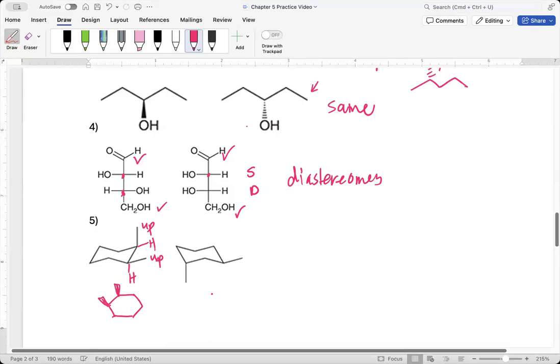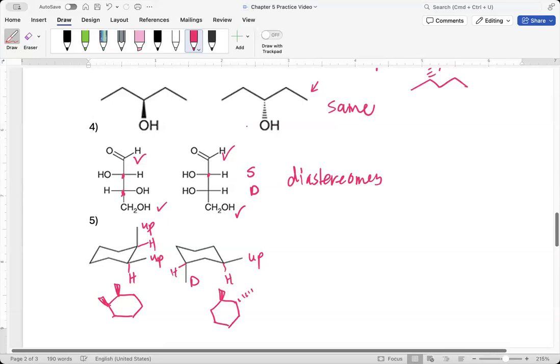And then I need to look at the second structure. This methyl group on the right here is up in relationship to the hydrogen, and the methyl group on the left here is down in relationship to the hydrogen. So that bond line structure looks like this.